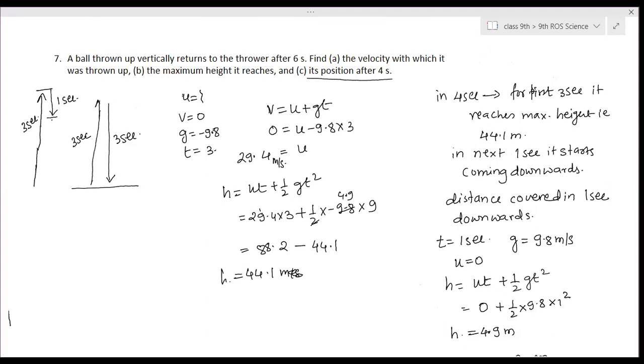Ma'am, can we take t as directly 4? No, you can't, because it is moving upward first. Ma'am, but the answer remains the same. No, not possible. Ma'am, when you do 4, it will get 113.5. You can't get the same answer.